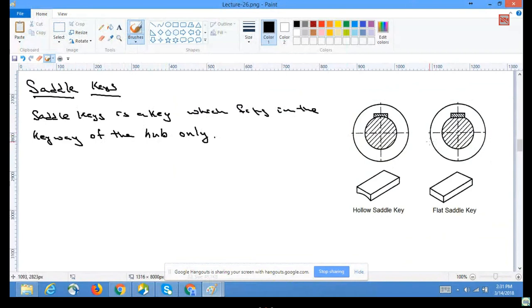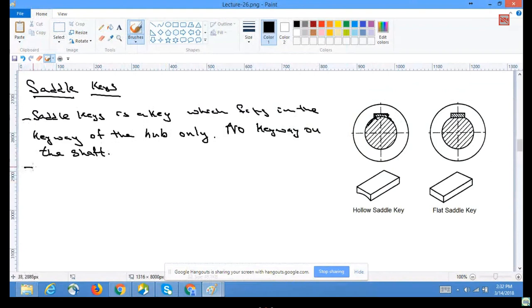So if you see, the shaft is circular in nature. When it comes to the keyway, this keyway is cut inside the hub. So as shown in this, and there is no keyway on the shaft.